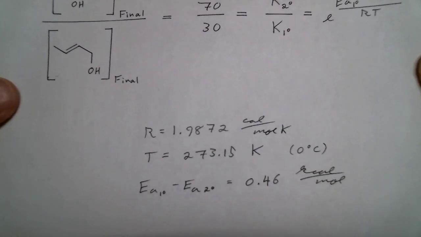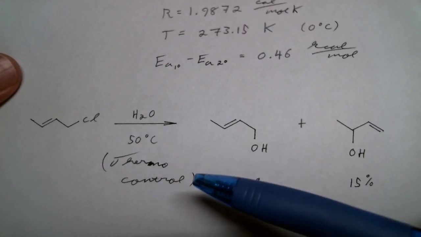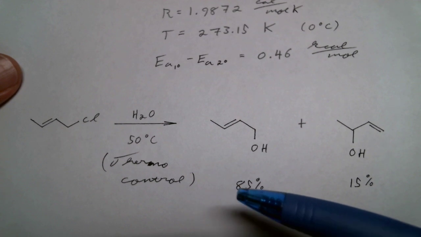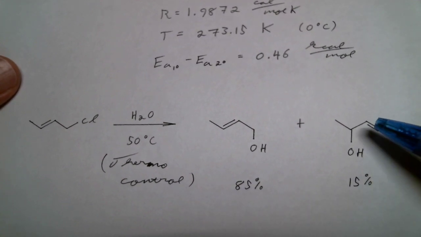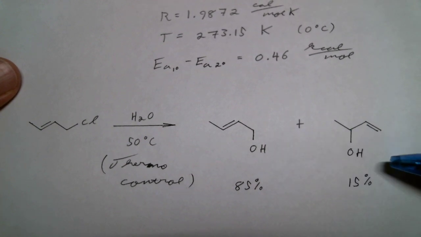What's interesting is that if you ran this reaction at 50 degrees C, now you're under thermodynamic control. So you get only 15% of the secondary allylic alcohol and 85% of the primary allylic alcohol.